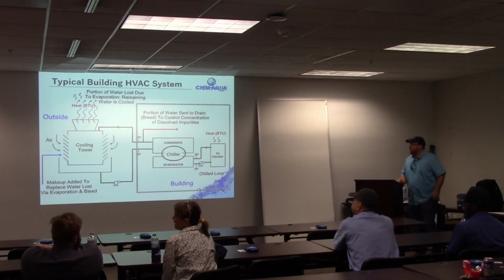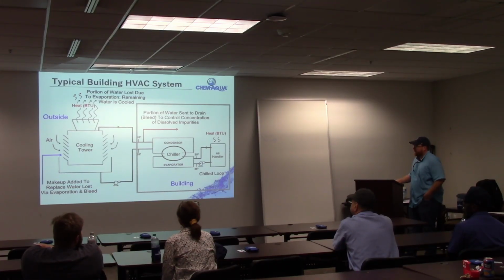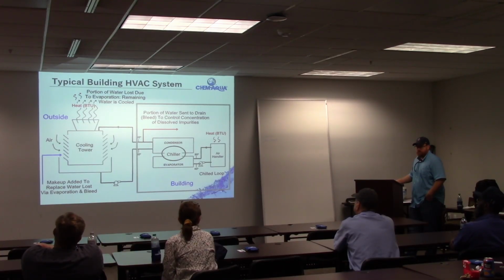So here we have a diagram of how all this operates. For any kind of plant, a lot of your energy cost is going to be directly related to your compressor. That's what drives your electrical costs, so having clean heat transfer surfaces is absolutely huge. Having clean cooling tower fill is huge.